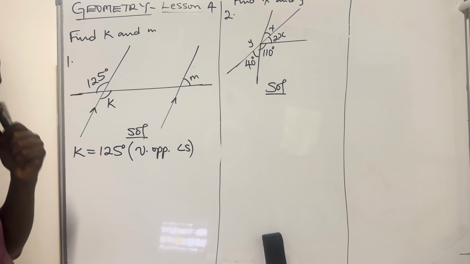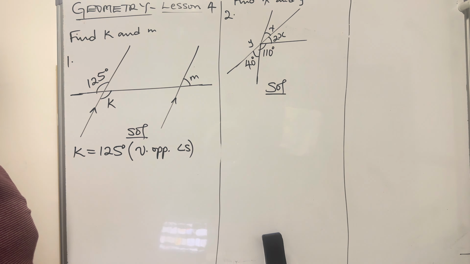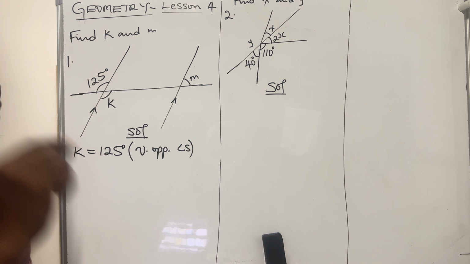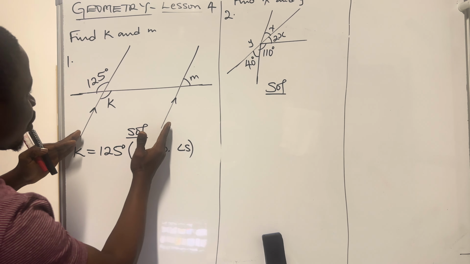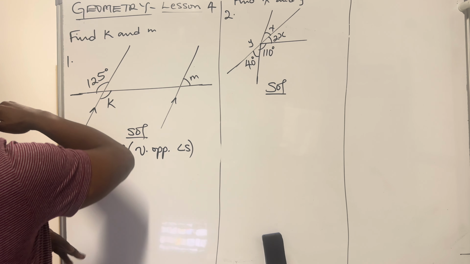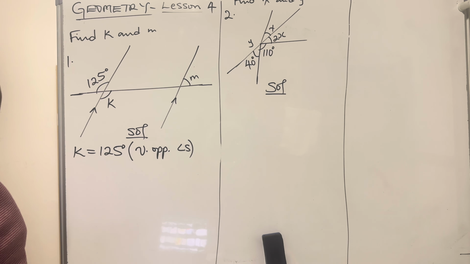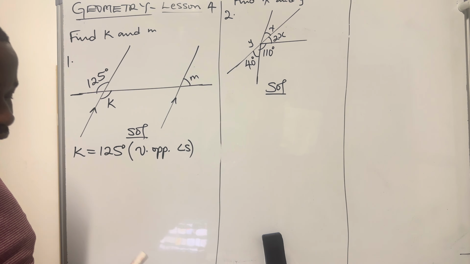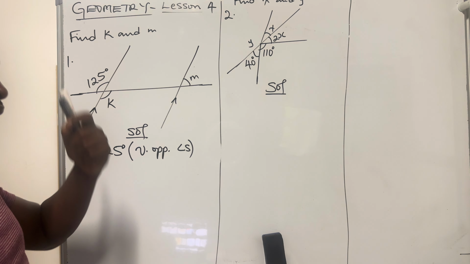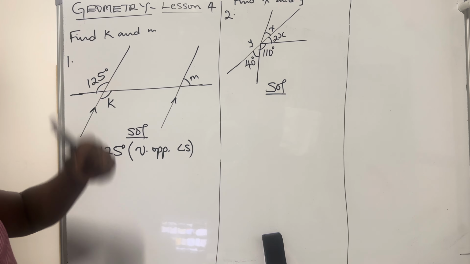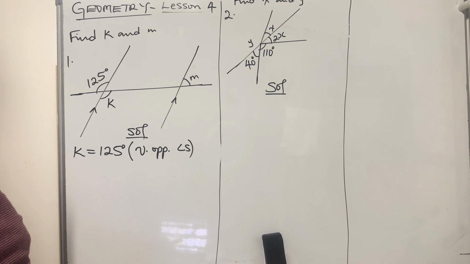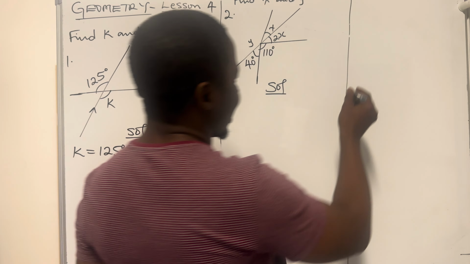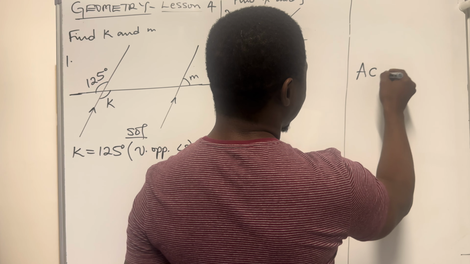I also emphasized that every obtuse angle is equal to another obtuse angle, regardless of the position, as long as a set of parallel lines are crossed by a transversal line. I also said the third point, that every acute angle added to an obtuse angle will give us 180.